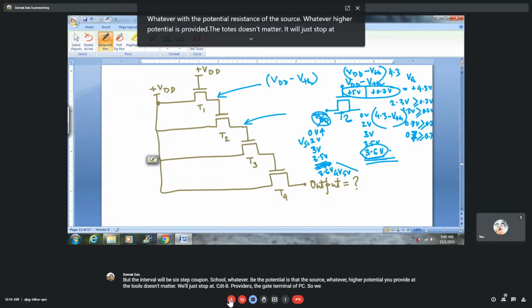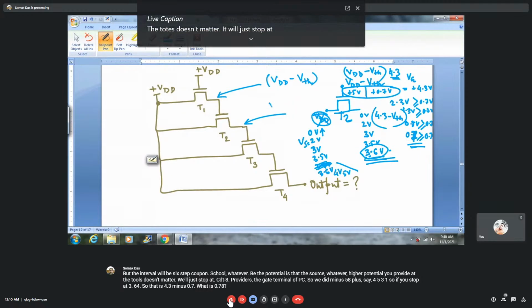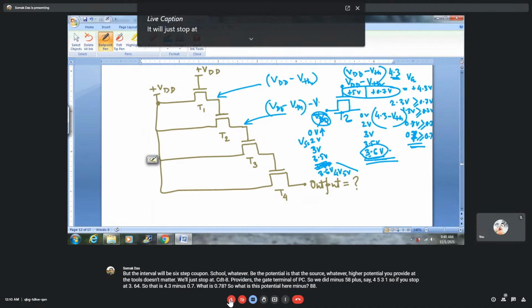So VDD minus VTH was say 4.3 volts. So it will stop at 3.6 volts. That is 4.3 minus 0.7, where 0.7 is VTH. So what is this potential? VDD minus VTH minus VTH. That will stop over here. Tell me, is it clear?